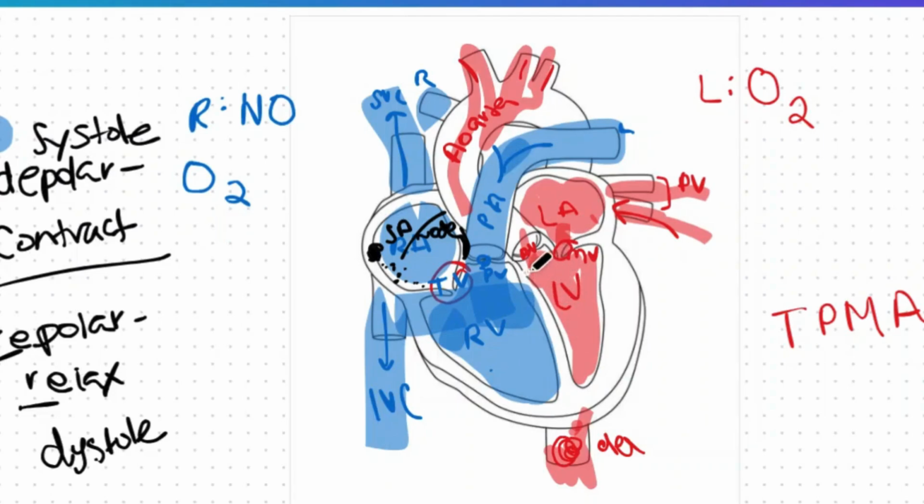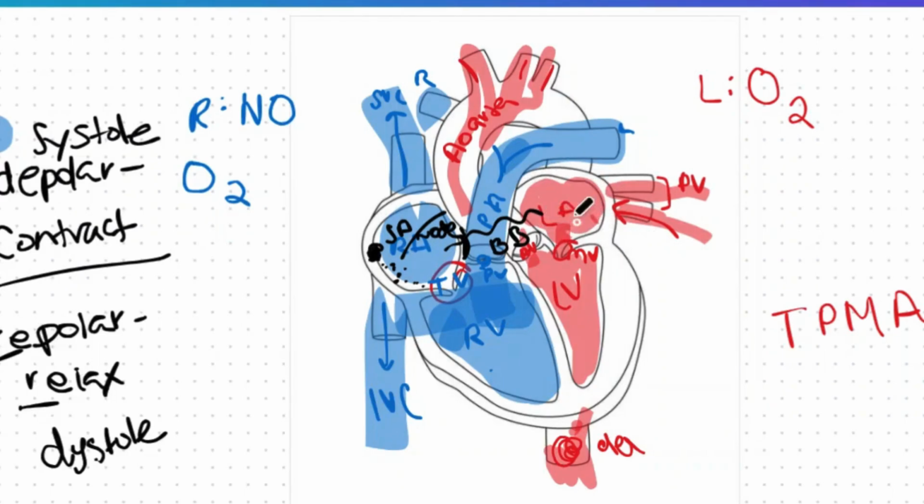If it weren't for these Bachmann bundles, then your right side would be the only side contracting, and you need your whole heart to work in order for it to function. Therefore, the Bachmann bundles are like a bridge from the right atrium all the way to the left atrium. This leads the heart to contract.